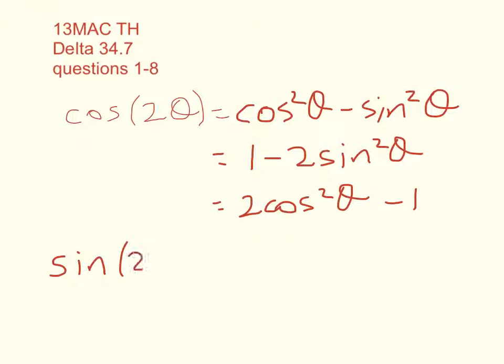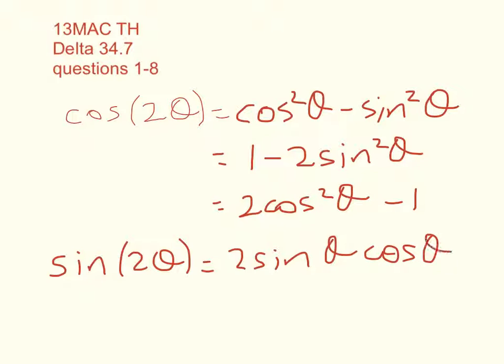And sine of 2 theta can be written as 2 sine theta cos theta. I'll do tan when we come to it in the exercise, but it's the same idea. And you'll remember that in class we looked at how we could prove these from our compound angle formulae.